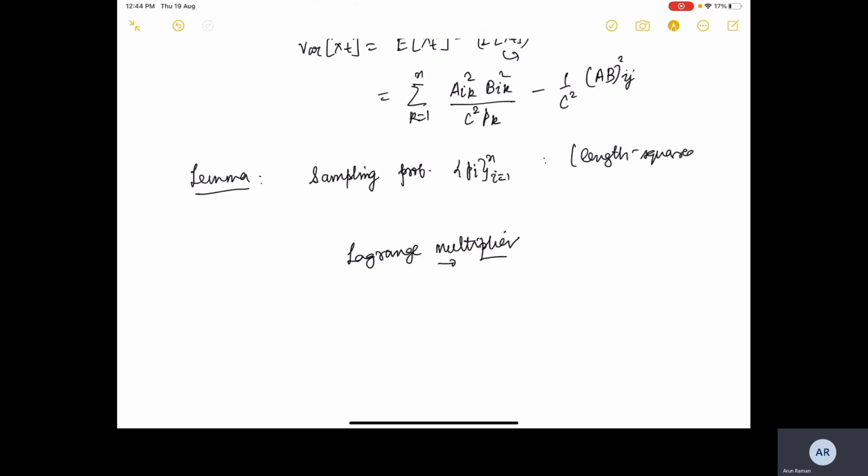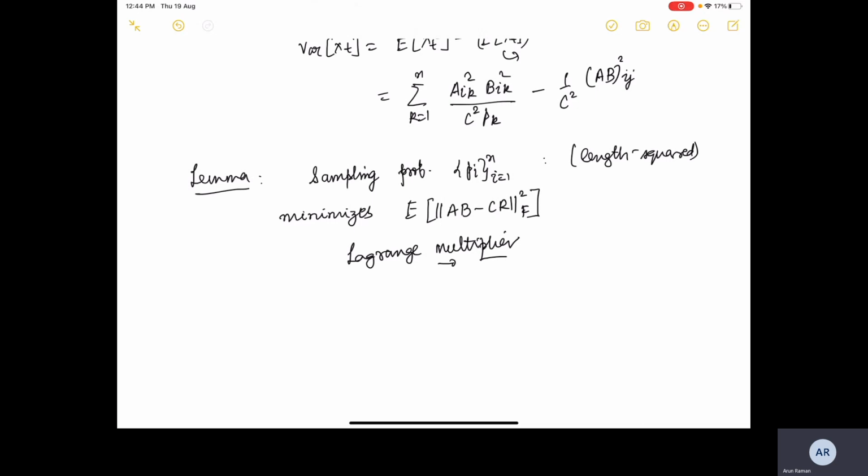Then this is the optimal sampling probability, in the sense that it minimizes the expected value of the Frobenius norm of the difference.